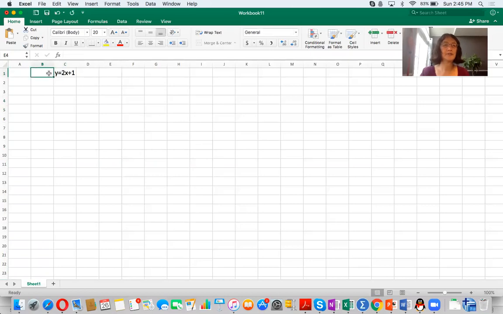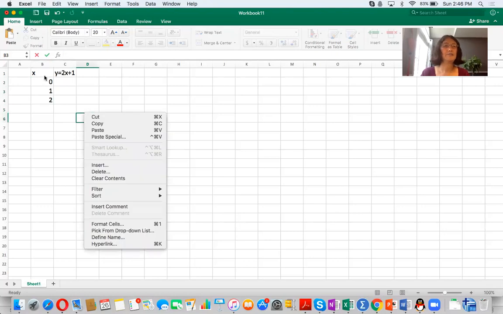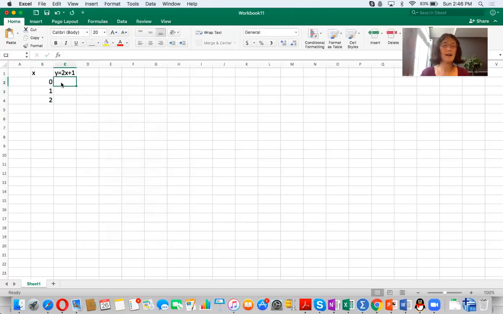Suppose you give some x, for example, x equal to 0, 1, 2. And then when x equal to 0, what is y? y equal to 2 multiplied by 0 plus 1. And then you use the fill handle, copy down the formula. You get those y values.